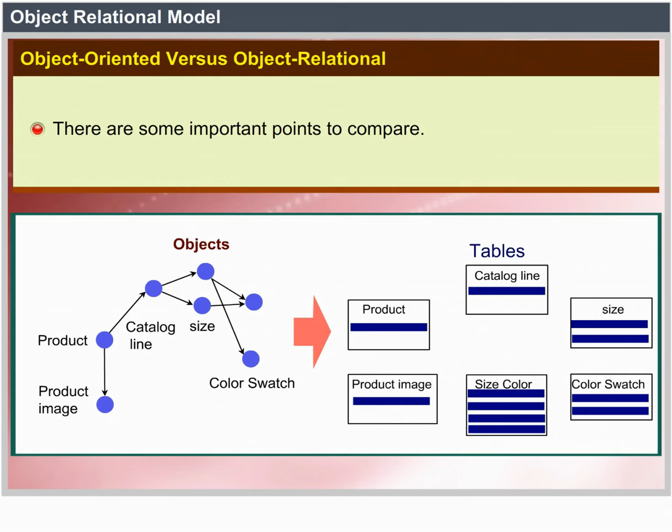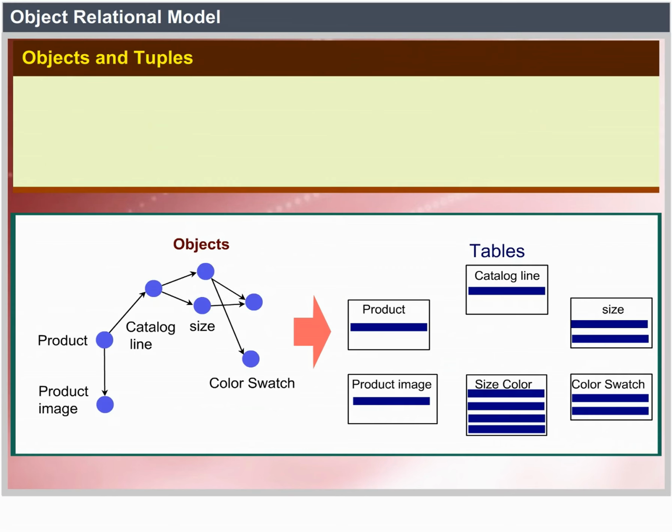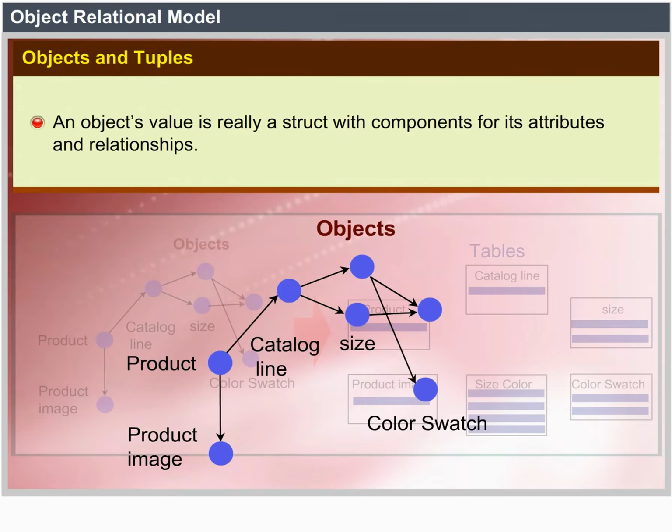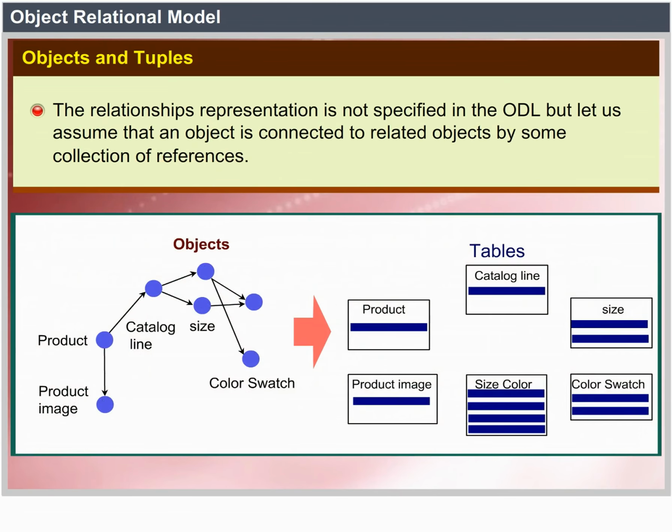Objects and tuples. An object's value is really a structure with components for its attributes and relationships. It is not specified in the ODL standard how relationships are to be represented, but we may assume that an object is connected to related objects by some collection of references.